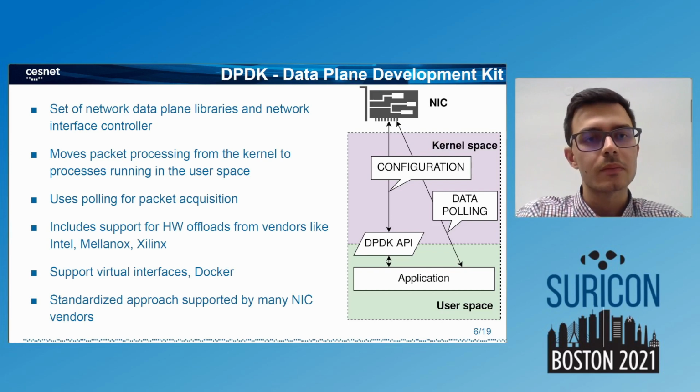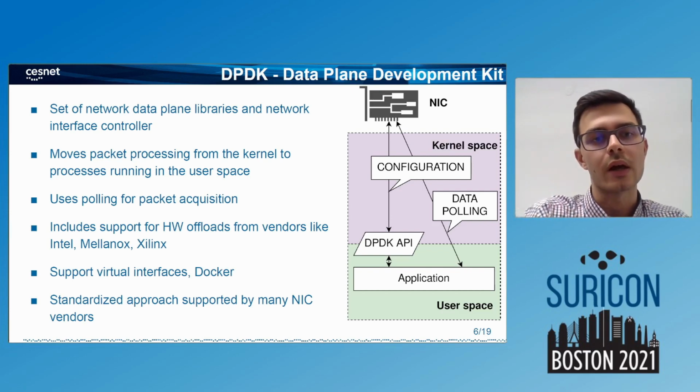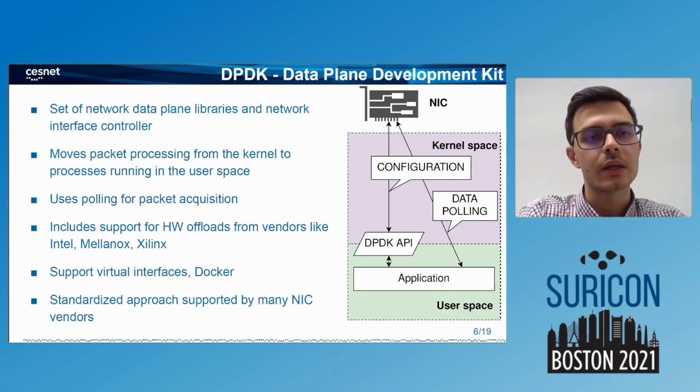As you might have seen in the previous slide, there is an interrupt handler. So the packets from the previous slide are handled with interrupts, but in DPDK packets are received with polling, which means the application constantly asks the NIC if there are any new packets.